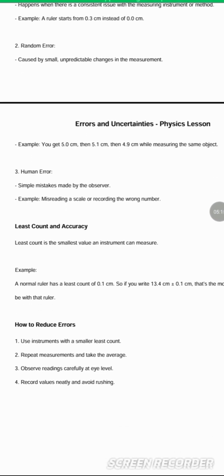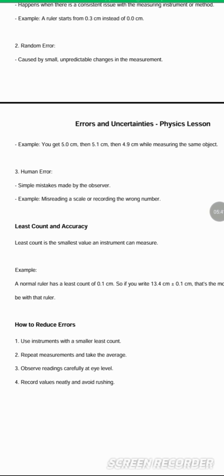Moving on to one of the important topics in physics, which is the least count and accuracy. Remember that every measuring instrument has a least count, the smallest value it can measure.